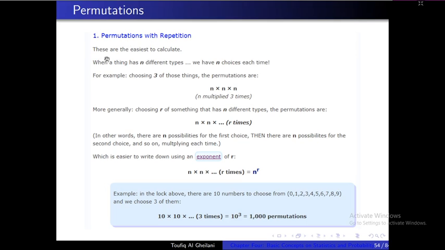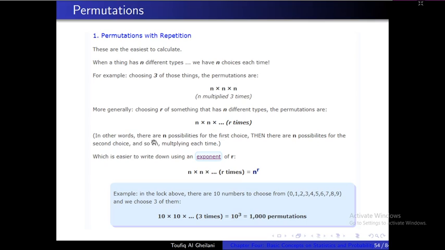Permutations with repetition. These are the easiest to calculate. When a thing has n different types, we have n choices each time. For example, choosing 3 of those things, the permutations are n times n times n, n multiplied 3 times. More generally, choosing r of something that has n different types, the permutations are n times n times n, r times.